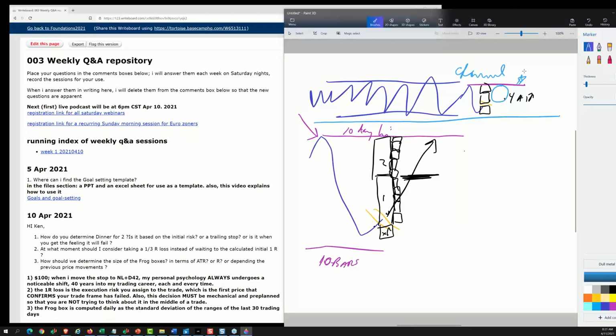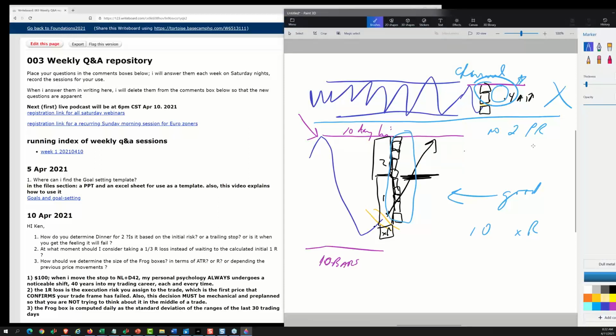So this is not a good trade because you don't have two position sizing risks, whereas this one, good trade, has 10 execution risks available. So the fact that you're qualifying it with 10 execution risks makes this a good trade.